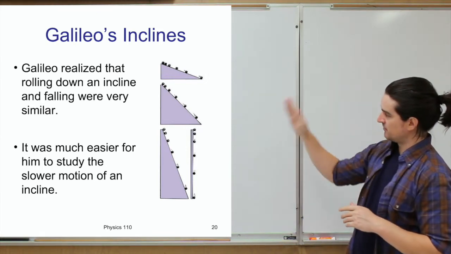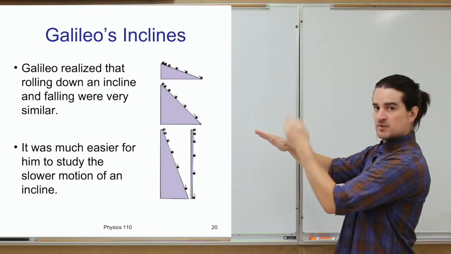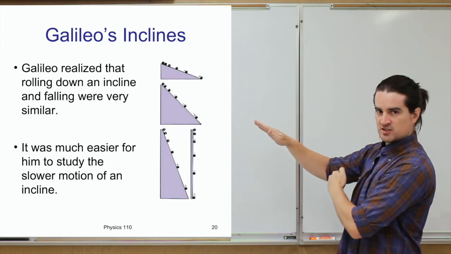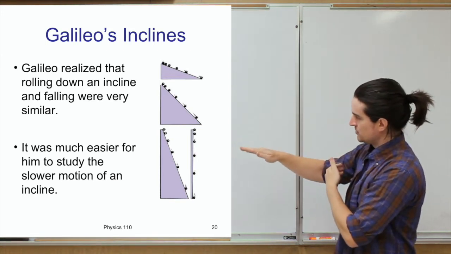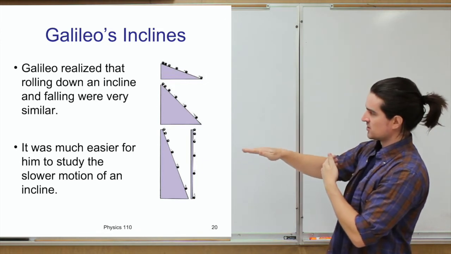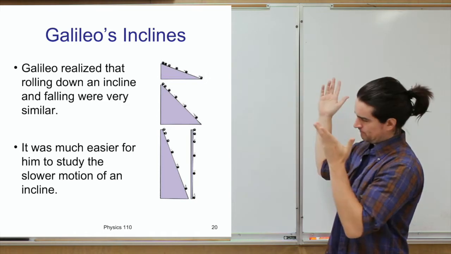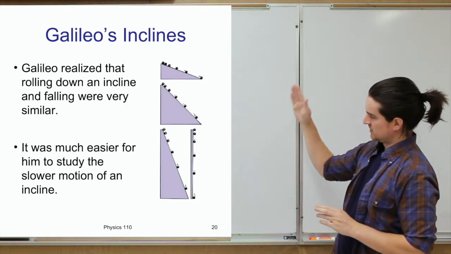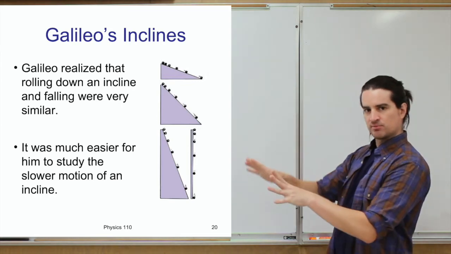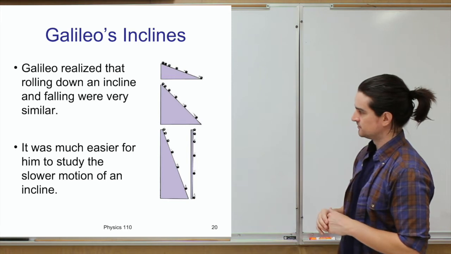And he realized that at a very shallow angle, it would be much easier to measure the acceleration, or the time that it took to go certain distances. And you could actually relate that to free fall, because free fall is essentially rolling down an inclined plane that's vertical. So you don't have to worry too much about that, but essentially you can use that information from an inclined plane to extrapolate to just falling straight downward.